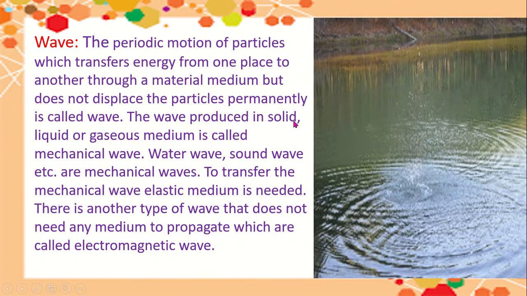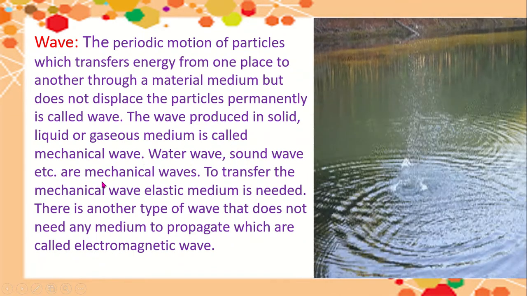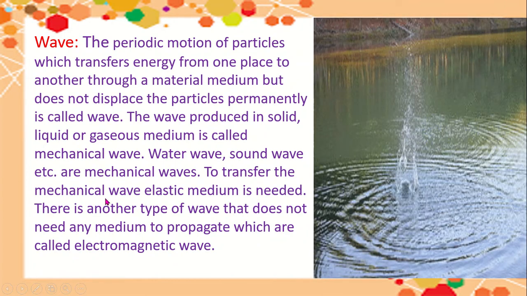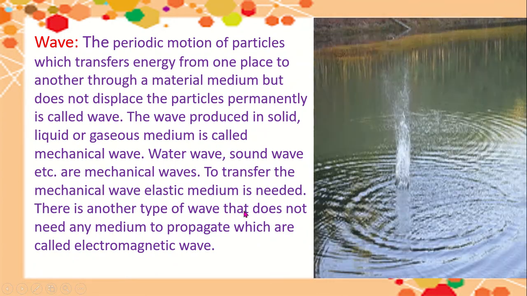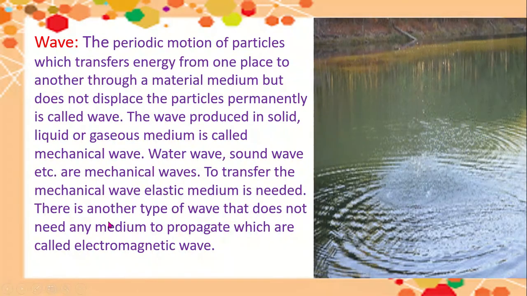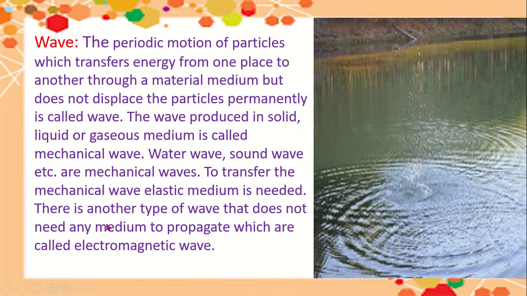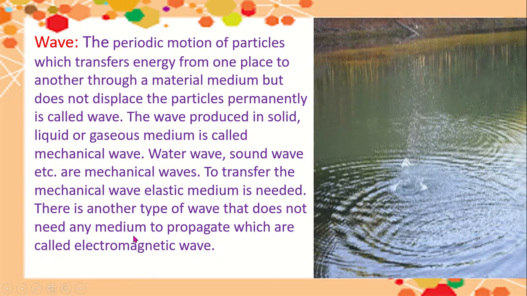The wave produced in solid, liquid or gaseous medium is called mechanical wave. Water wave, sound wave, etc. are mechanical waves. To transfer the mechanical wave, elastic medium is needed. There is another type of wave that does not need any medium to propagate, which is called electromagnetic wave. That is light. We get light without any medium. So light is an electromagnetic wave.